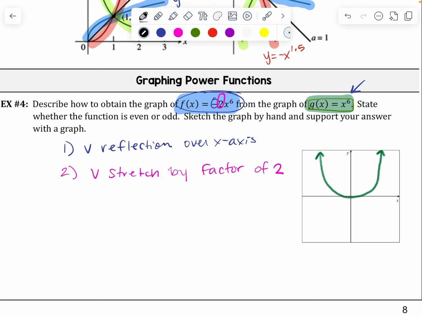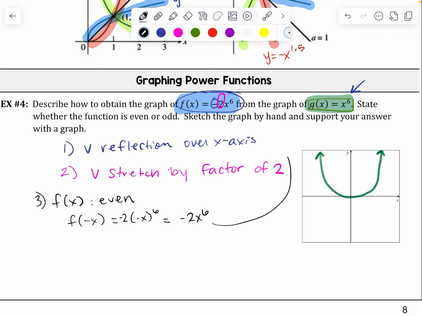We also know, part 3, that f of x is even, and that's because it's x to the 6th. We can prove it by saying, hey, if we plug in f of negative x, we get negative 2 times negative x to the 6th, which is equivalent to negative 2x to the 6, which is the same as f of x. It tells me that it's an even function.